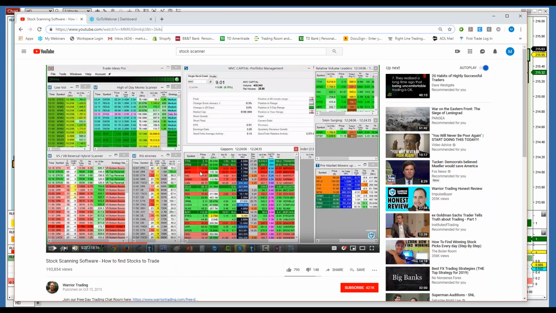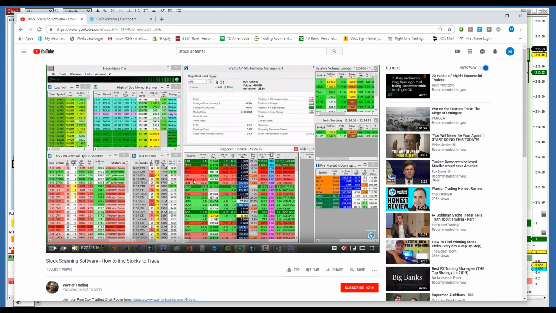I mean, it's telling you that Xilinx is gapped to the upside. It doesn't make Xilinx a tradable stock or a good entry. This may be Celgene, I'm not sure. It's really the only ticker I know here.